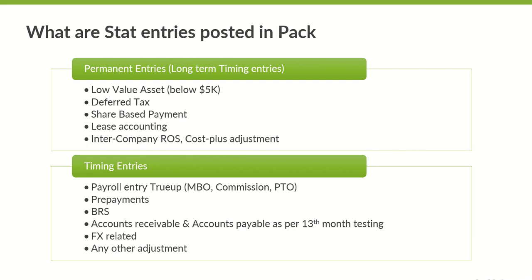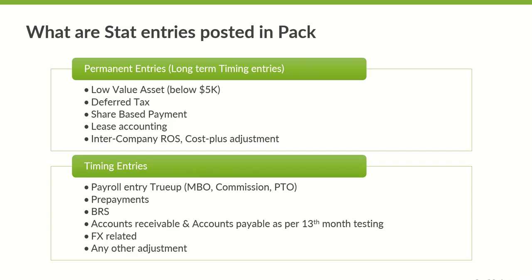Now, because of all the above entries and all the timing entries that we will be discussing shortly, the cost plus adjustment also changes. The reason being, if I push in more expenses or I remove more expenses from the P&L, then my cost base changes. And as the entities are cost plus entities, the way the master service agreement works is there is a certain OPEX on which my revenue has to be marked at a certain percentage.